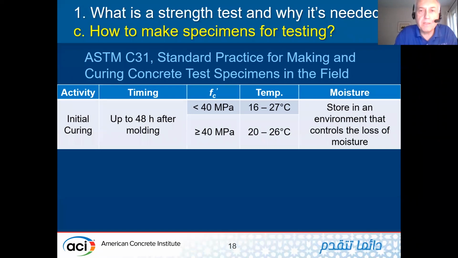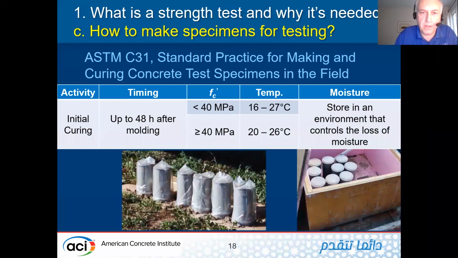There's a temperature requirement and moisture requirement depending on the specified strength of concrete. And the important part is that moisture must be preserved on all specimens at all times. And there are slightly tighter requirements for concrete at higher specified strength, 40 MPa.